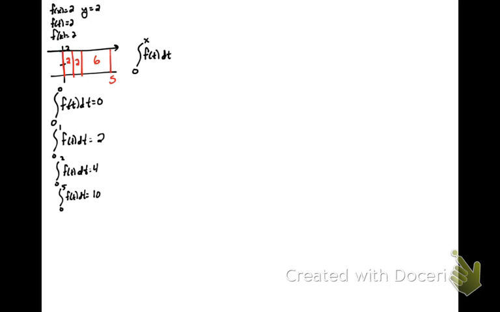And so that's why, since we're just accumulating area, we sometimes reference this as being the accumulation function. Right? We're just accumulating area as we change the value of x.